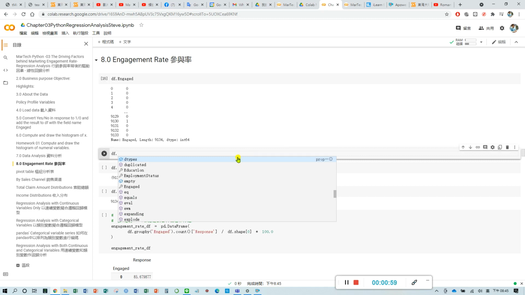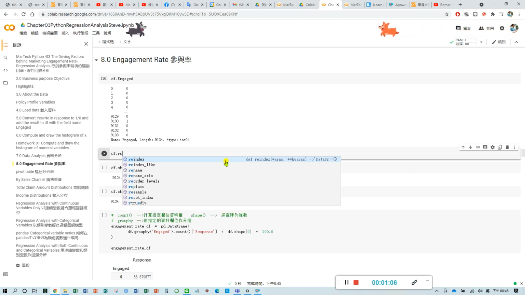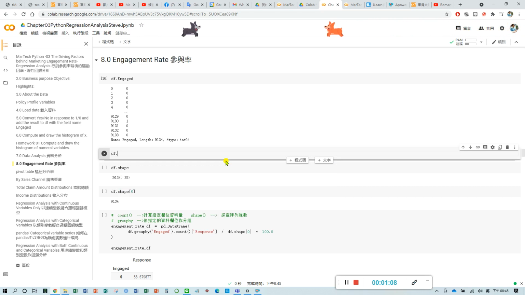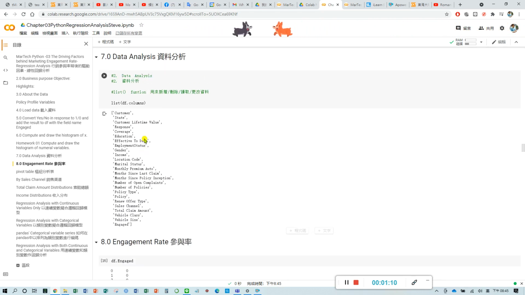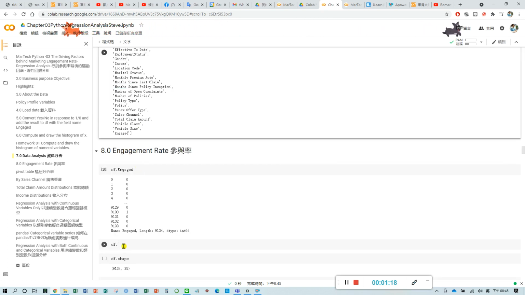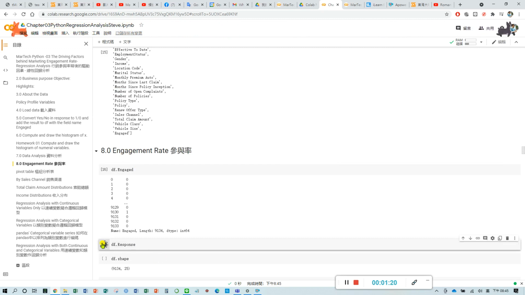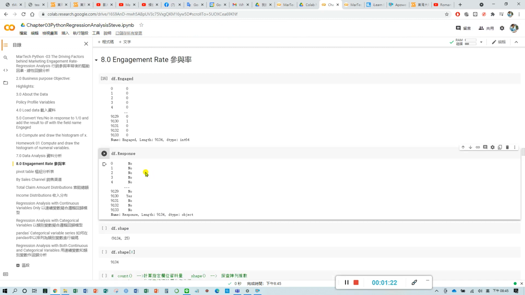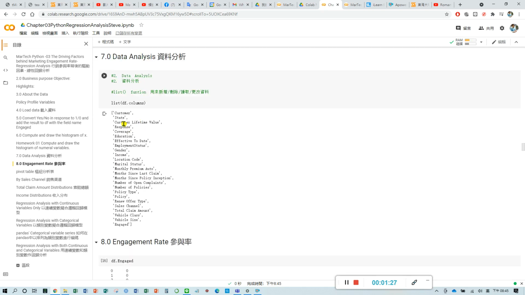We may find replace. Let me see this one. Oh, response. Okay, you can do the same kind of process to find all the content for each variable.